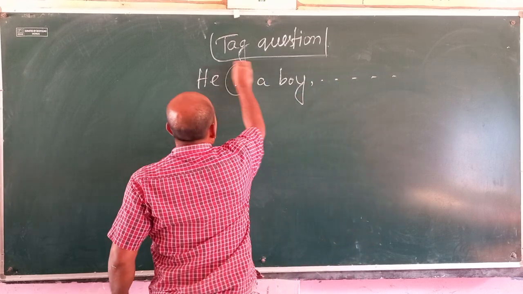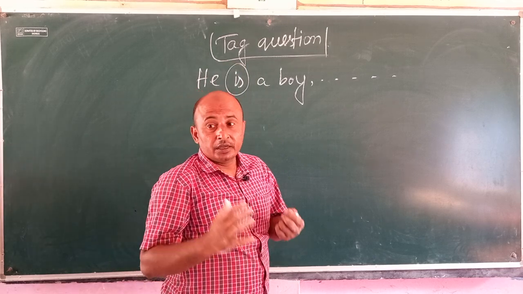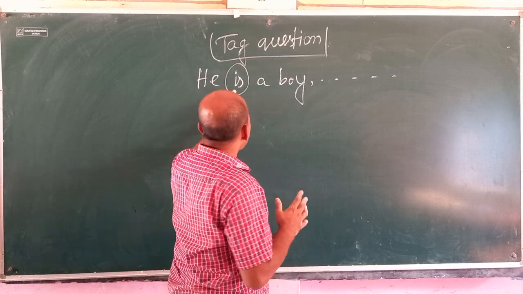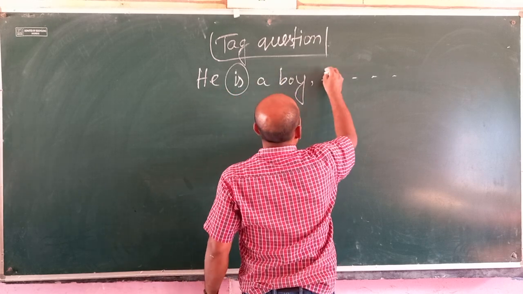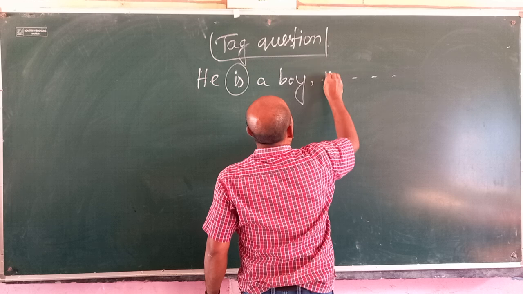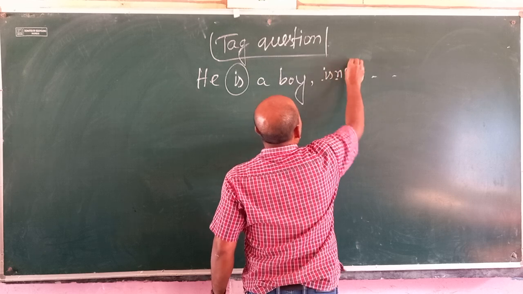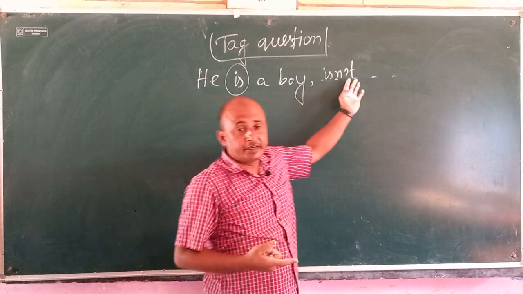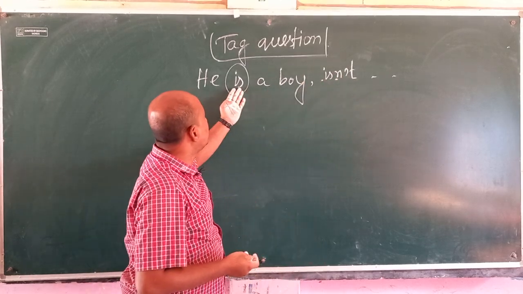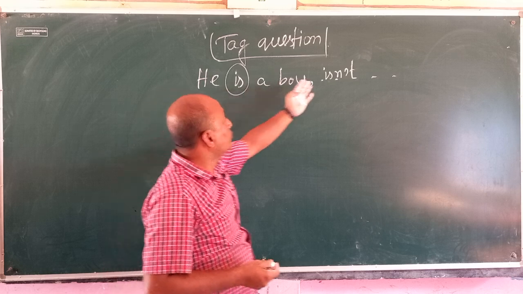If you see that there is an auxiliary verb used in a sentence, you must use this auxiliary verb at the end of the sentence. If the sentence is affirmative, you will write negative, and if the sentence is negative, you will write affirmative.